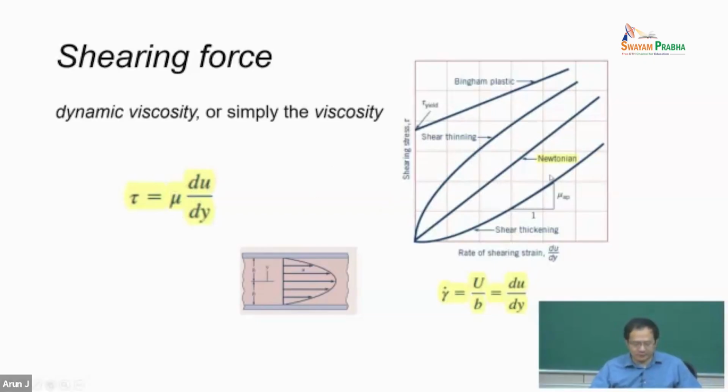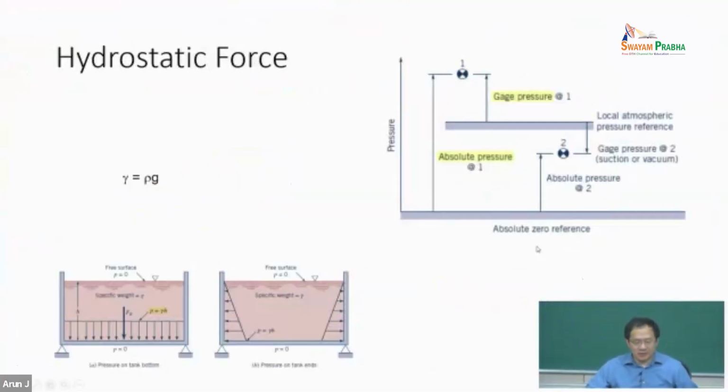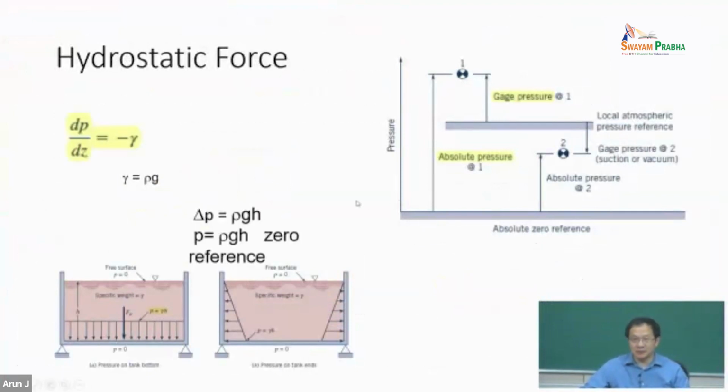Another thing is hydrostatic force, which you learned in high school physics. Delta P is rho g h, where h is height. Again, this h is relative height, so this is also relative pressure; you define where the height is zero.